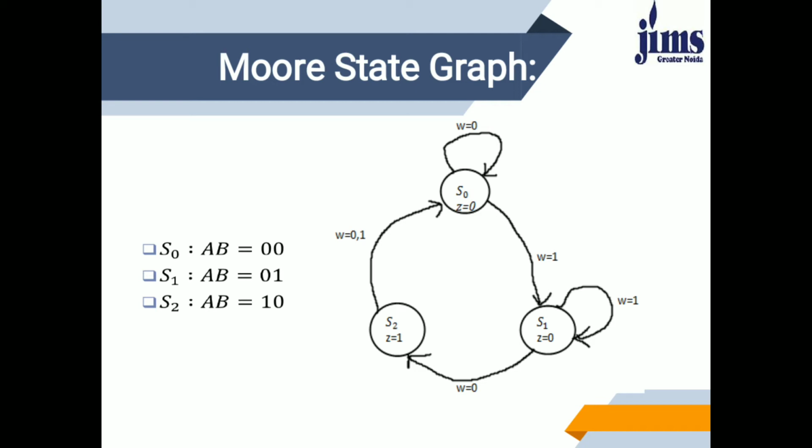Again, if it is at S1 state and 1 comes again, then it will remain in the same state. But if the input changes from 1 to 0, then it will switch to another state, that is S2. Here Z's are the outputs defined in the Moore machine, Z equals 0 or 1. In this way we can define the Moore state graph.